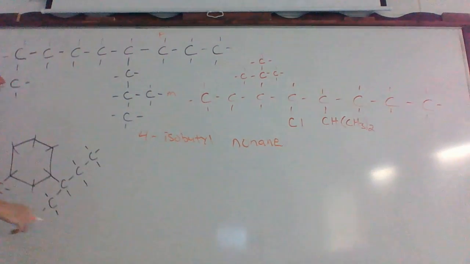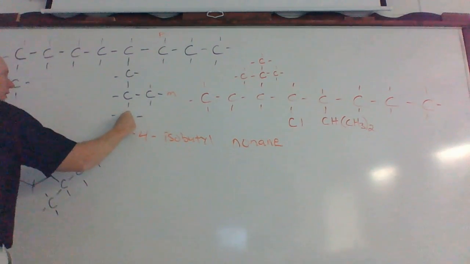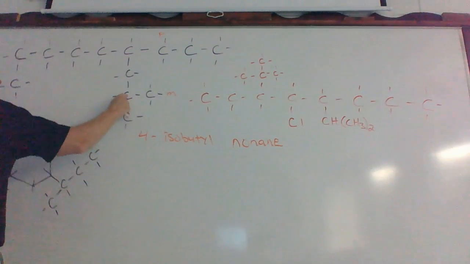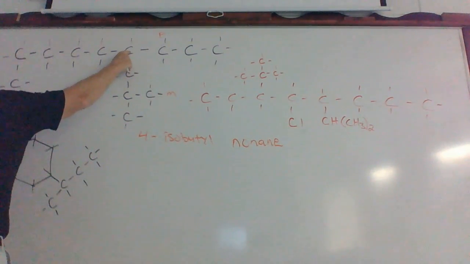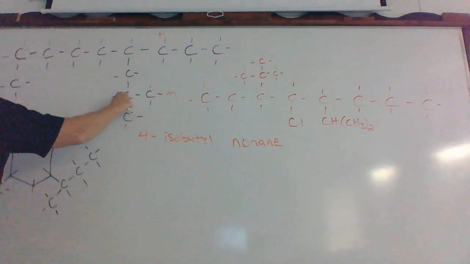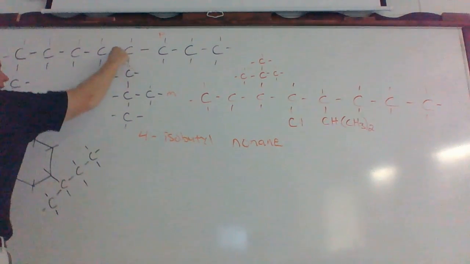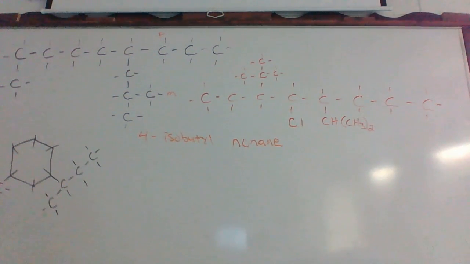Okay, so then what we would have to establish is this, if you're going this direction, whether it's 1, 2 or 1, 2 in this way, 1, 2, 3, 4. Okay, so we got 2 and we've got 4, but which one comes first alphabetically?